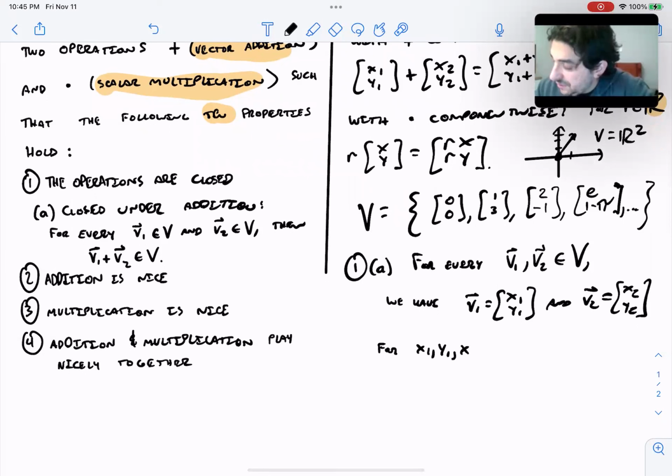So for these 2 vectors, there will exist 4 real numbers that represent their coordinates.